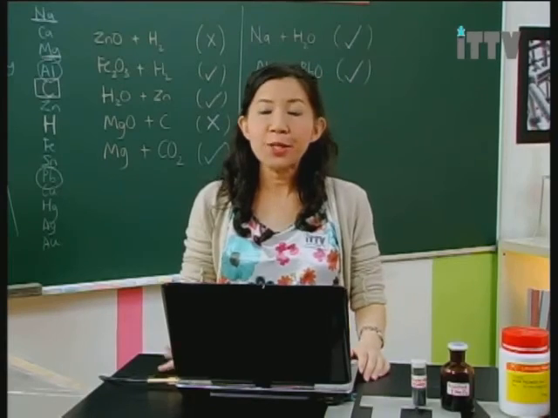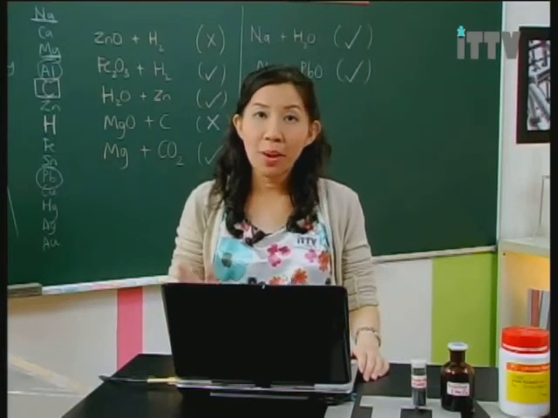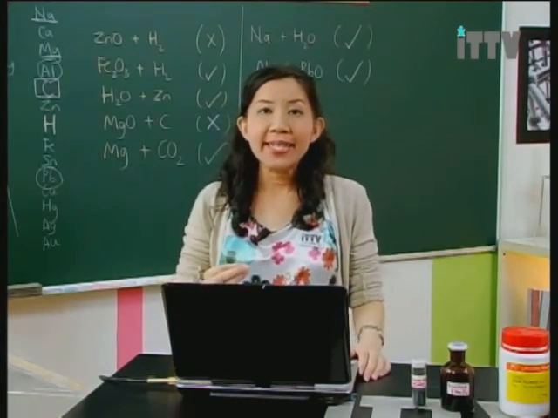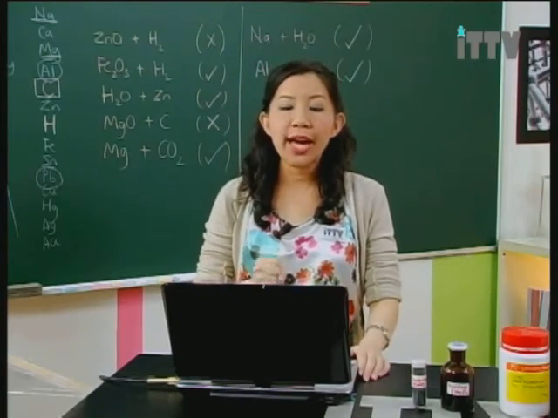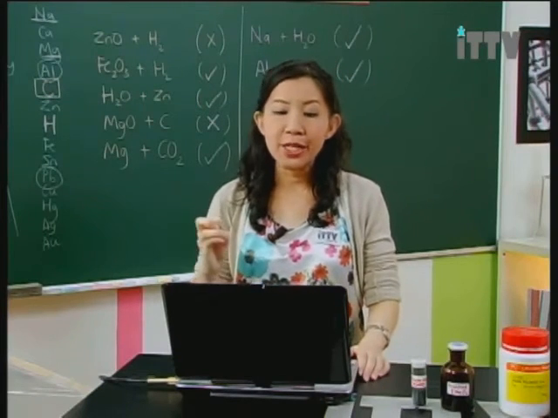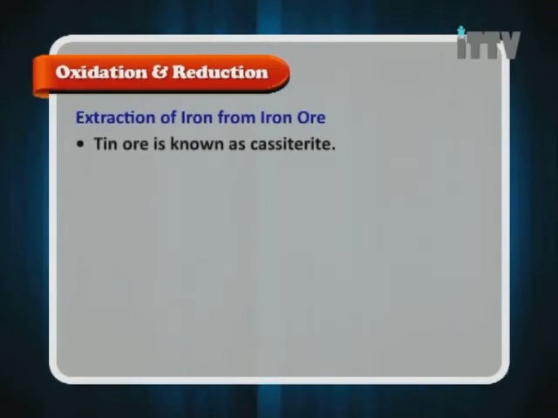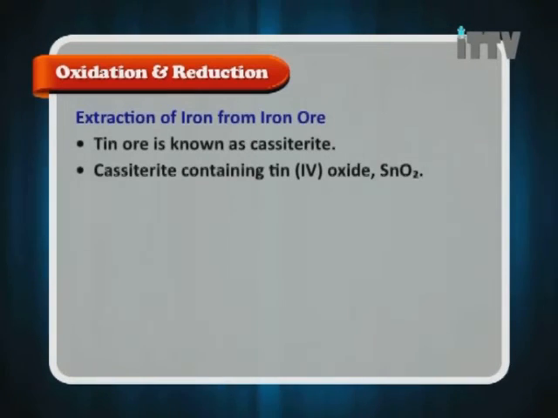Next up, that was about extraction of iron from iron ore. Let's look at the second application of the reactivity series knowledge, which will be extraction of tin from tin ore. So the tin ore is known as cassiterite, and cassiterite contains tin(IV) oxide.